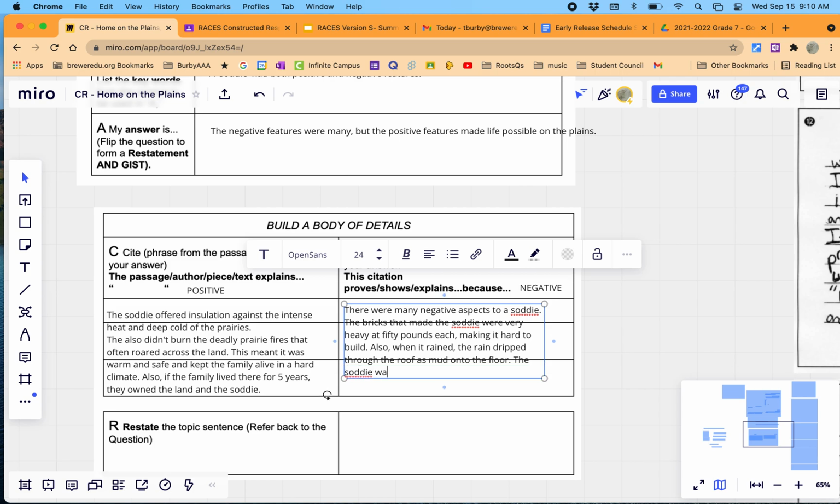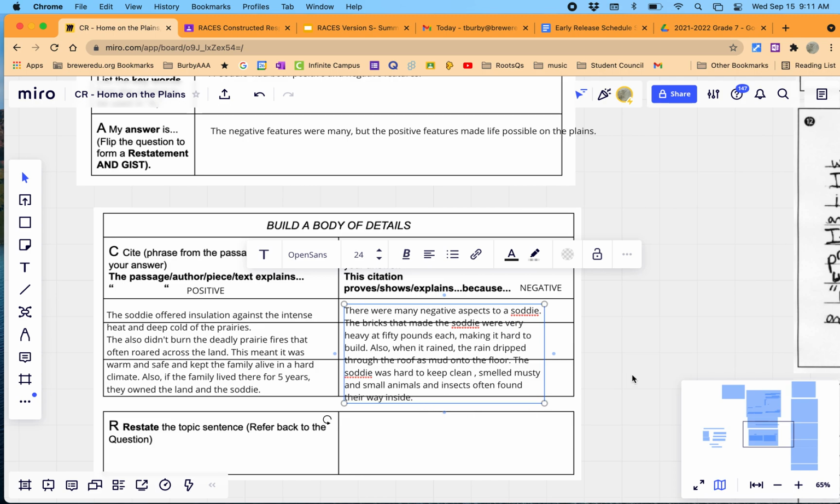The soddy was hard to keep clean, smelled musty, and small animals and insects often found their way inside.